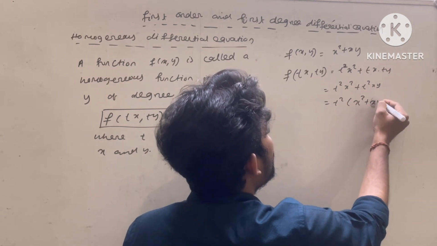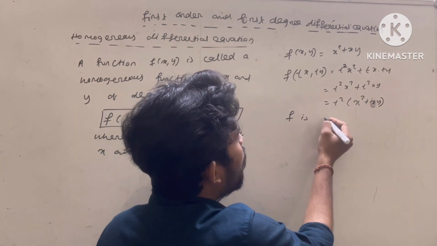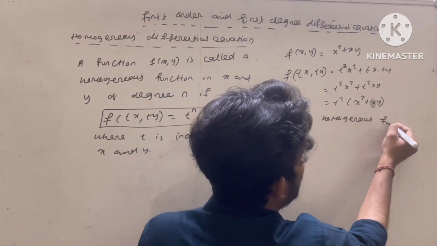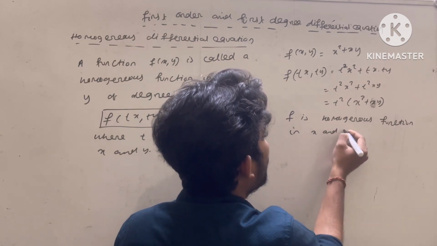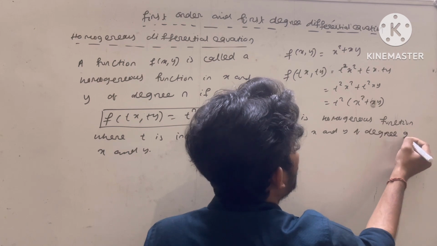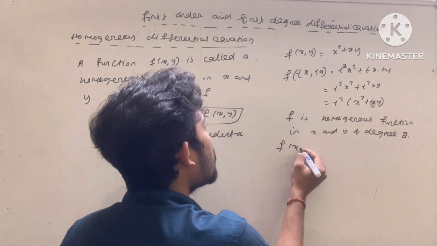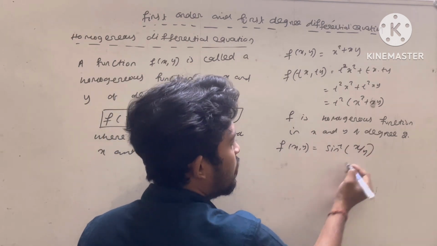So this f is a homogeneous function in x and y of degree 2, right?